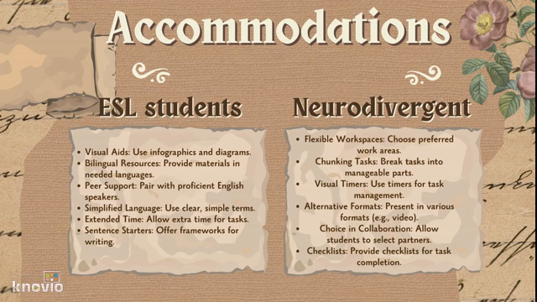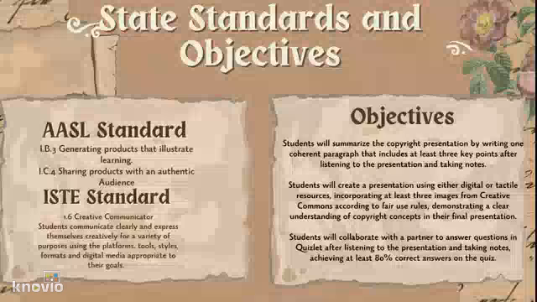Also, the alternative formats, presenting in various formats, so we can explore different varieties for those students that really would prefer that. And the choice in collaboration, we're going to allow students to select partners for those that really need to, and we're going to provide checklists for task completion.